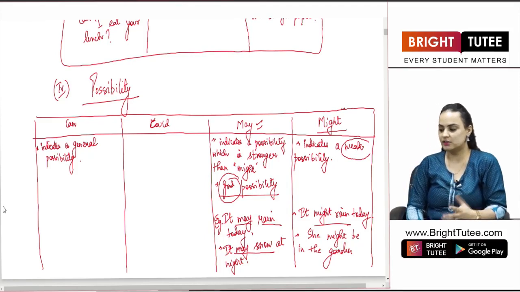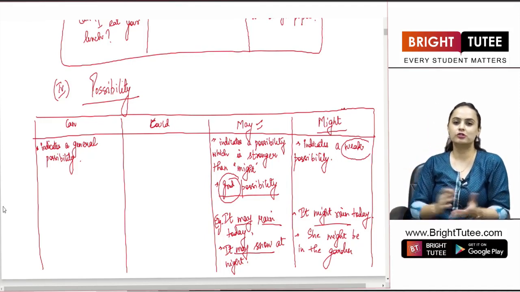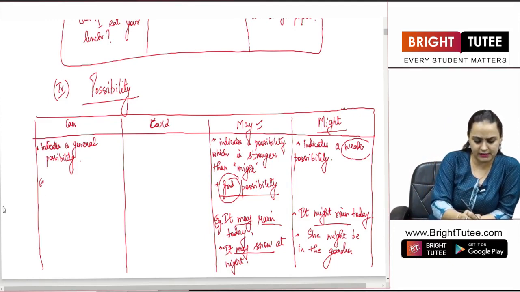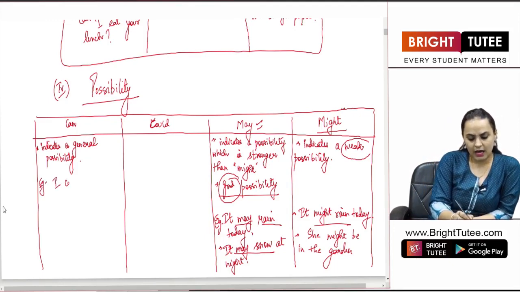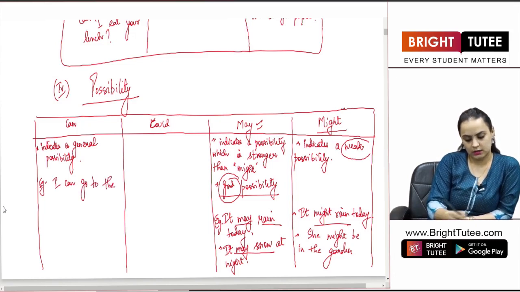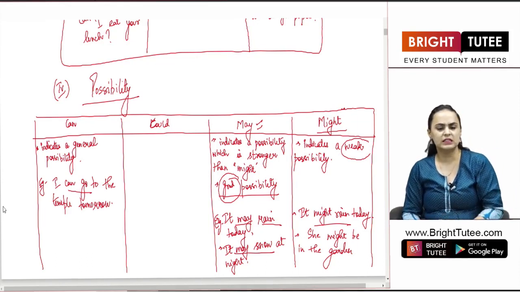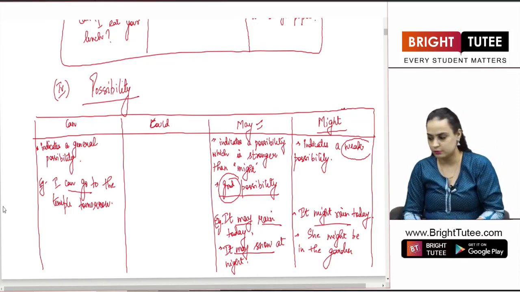It is just a very, very general possibility that you are talking about. For example, if I say, I can go to the temple tomorrow. So it is just a general possibility that I can go to the temple tomorrow.